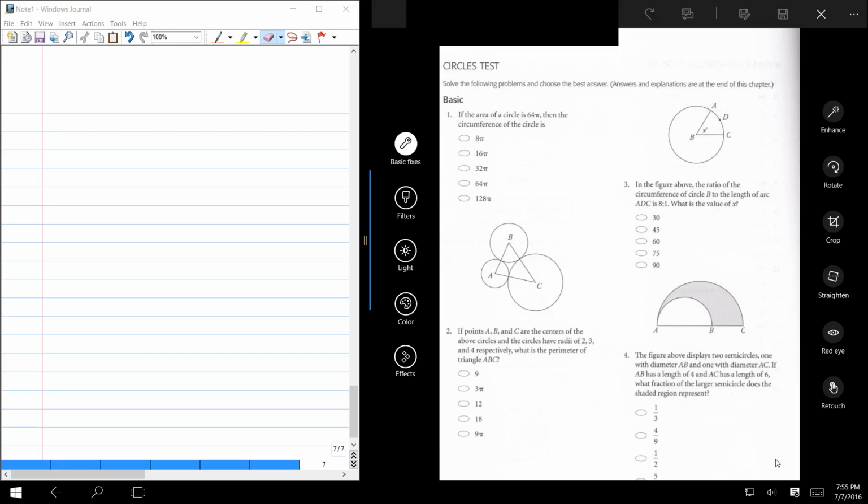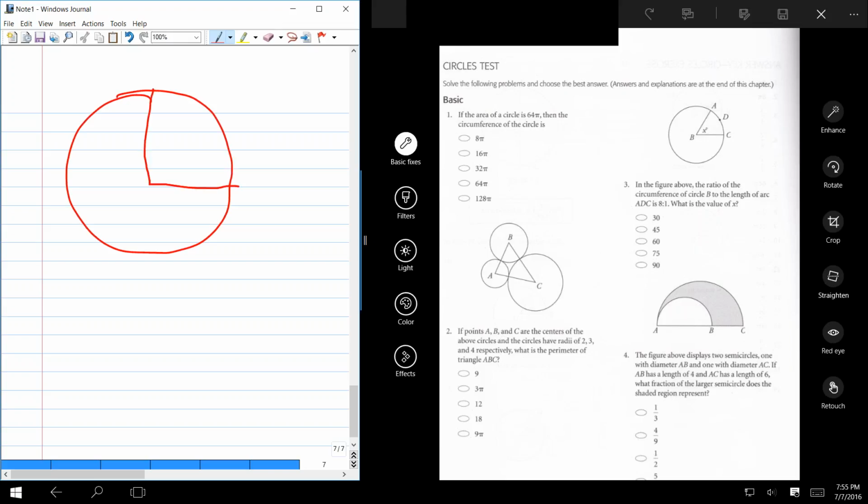What if the circumference of the circle was exactly 4 times the length from A to B? Well, what would x be? What would that angle be?